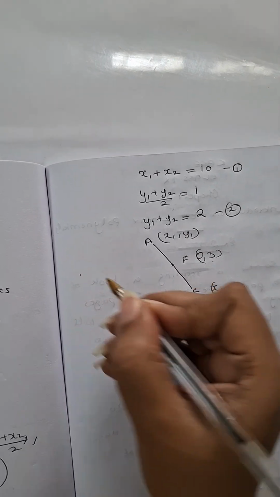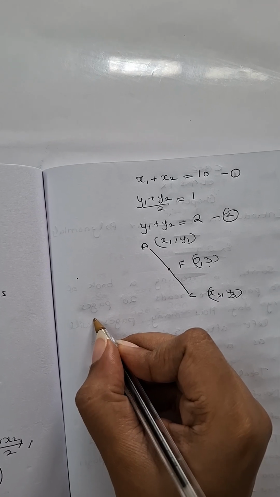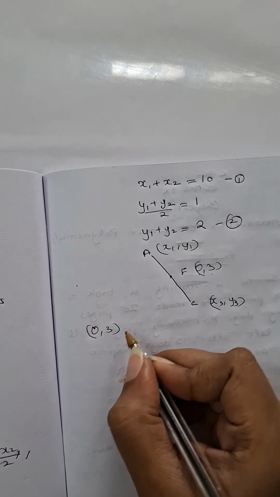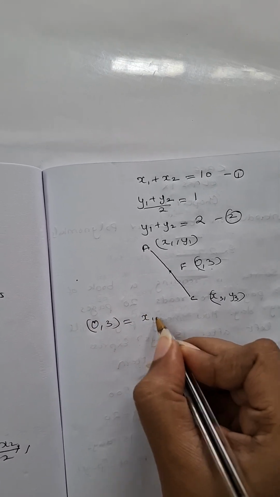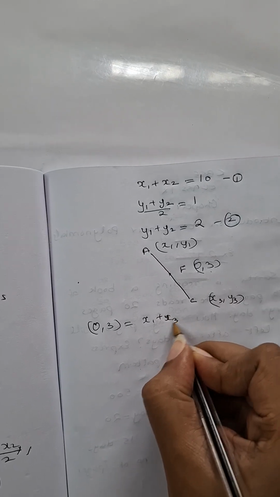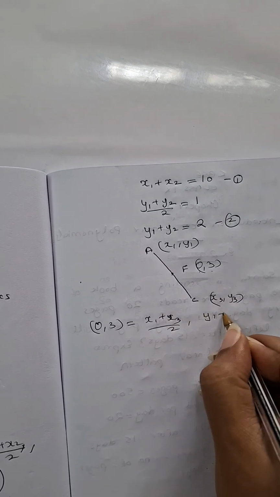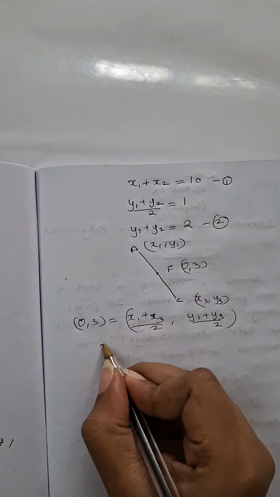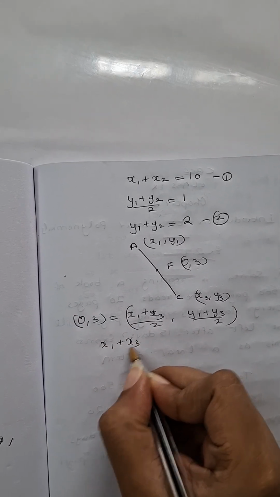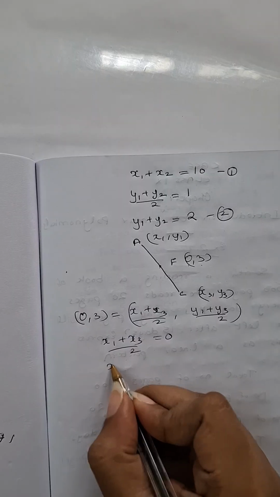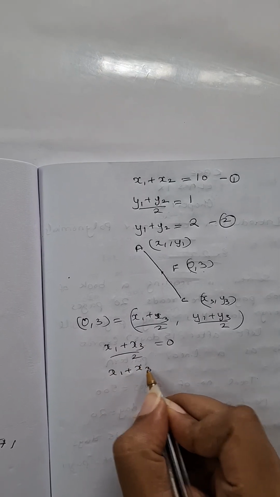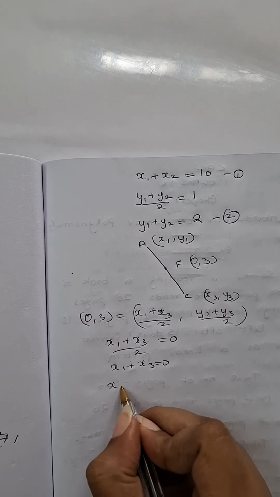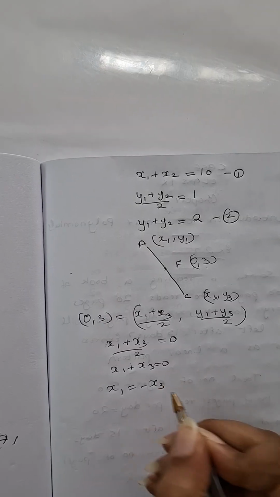So (0, 3) is equal to (x1 plus x3 by 2, y1 plus y3 by 2). x1 plus x3 by 2 is equal to 0. So x1 plus x3 is equal to 0. x1 is equal to minus x3, like that.